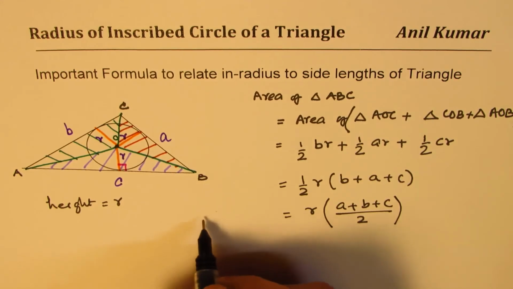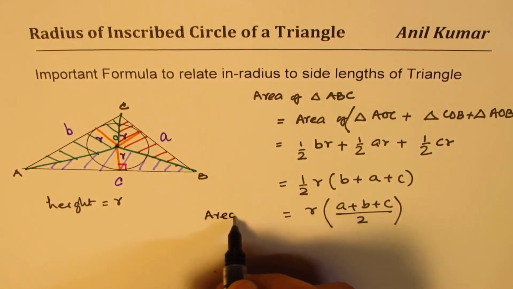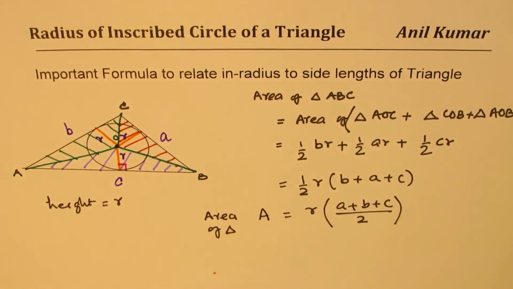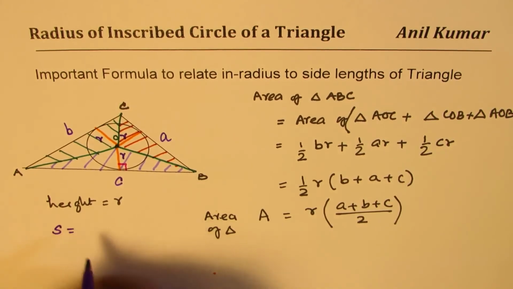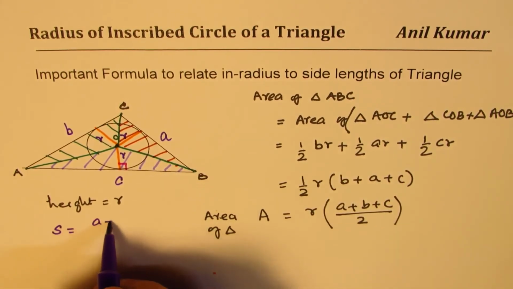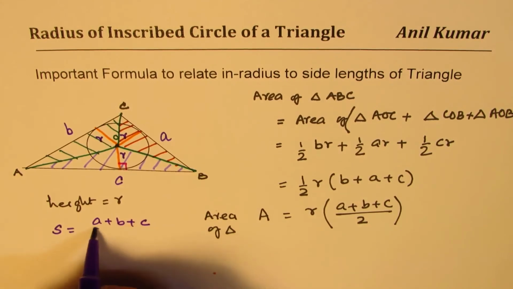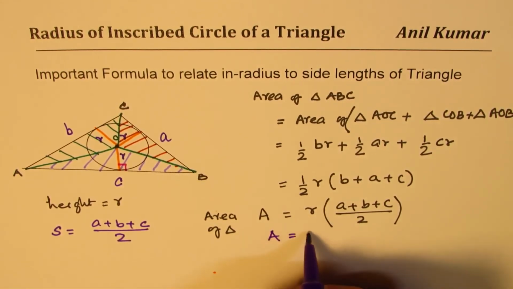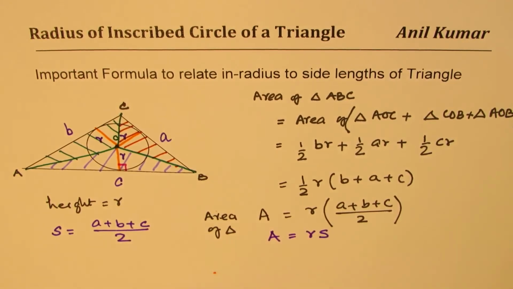So that becomes the area of triangle ABC. Right? Now many times we use S as the sum of the sides divided by 2, right? So I could also write this as area is R times S. Perfect. So that is a very good relation to remember.